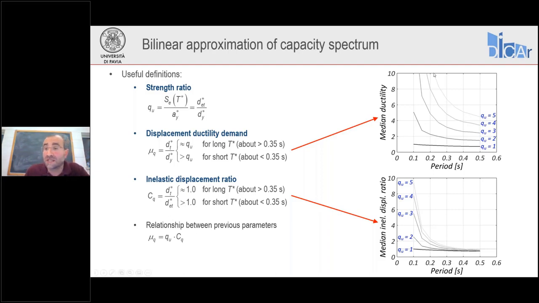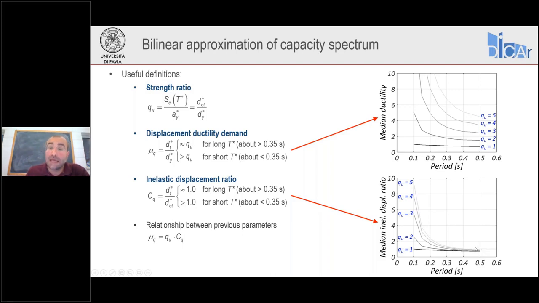You can see it from these curves. You see that they tend to values equal or nearly equal to the strength ratio associated with the curves. These curves have been obtained by targeting specific strength ratios for our oscillators. And you can see it also here from the inelastic displacement ratios that they all tend to 1 as the period increases.